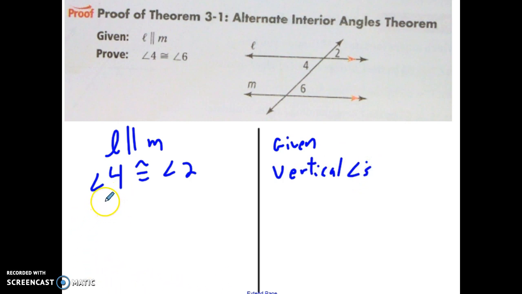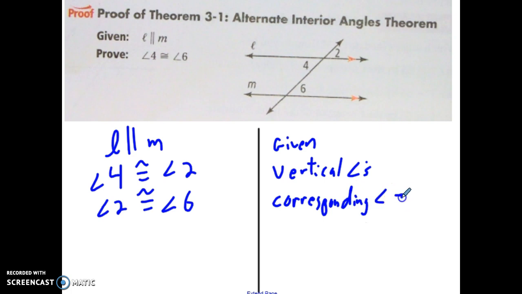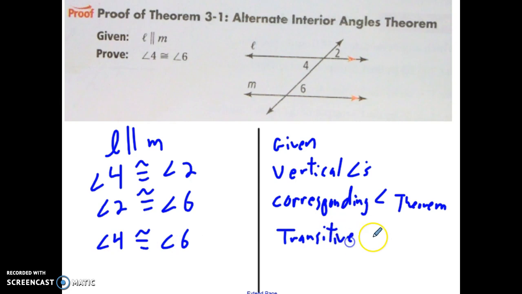Then angle 2 is congruent to angle 6 because they're corresponding. Then by the transitive property, angle 4 is congruent to angle 6. And we're done.